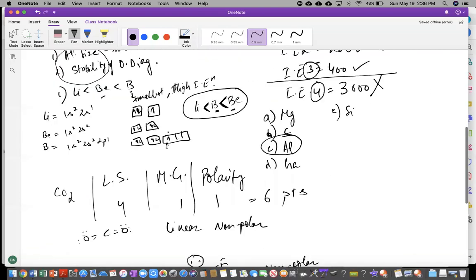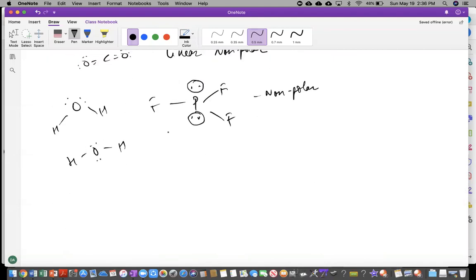For electron affinity, the electron affinity is the love towards electrons. The things on the right-hand side are non-metals, right?